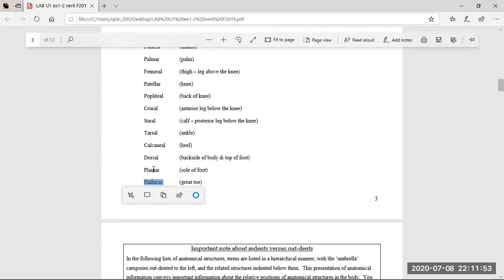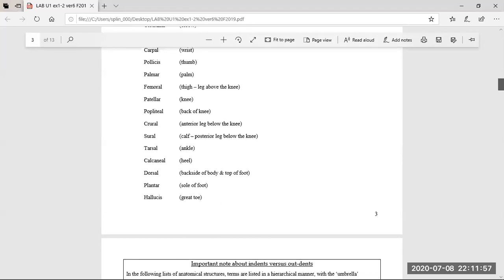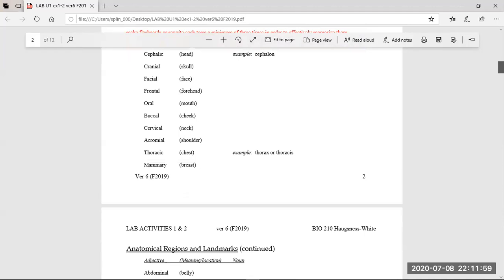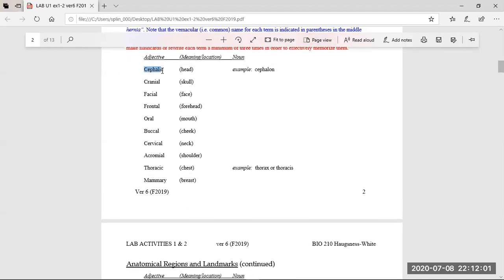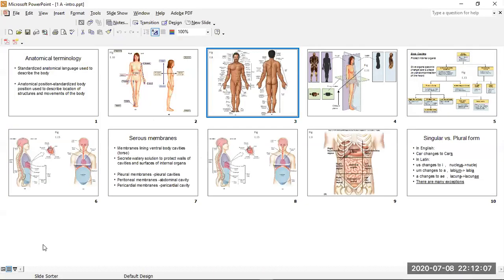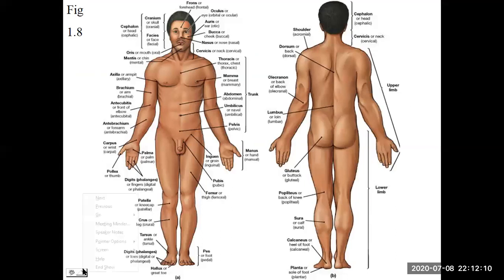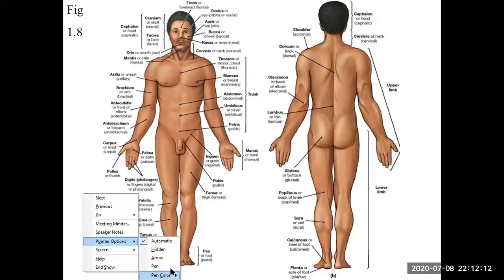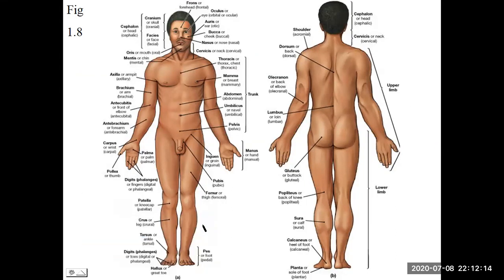You're only responsible for what's in the lab manual, not everything in the textbook. So always use this as a guide. And we'll go down this list and we'll point out these different body parts. So we've already started with the cephalic region, the cephalon, our entire head.